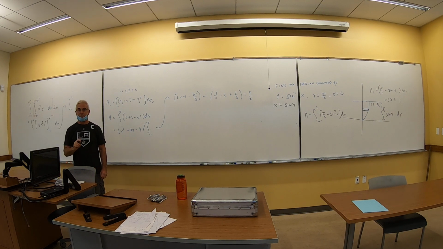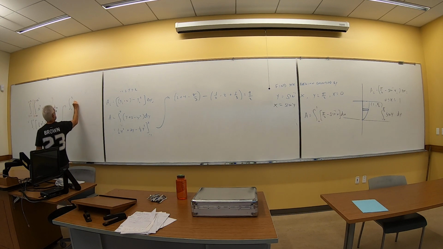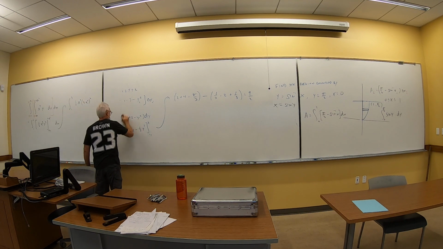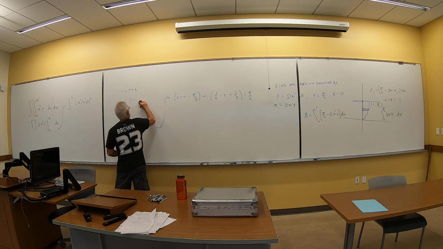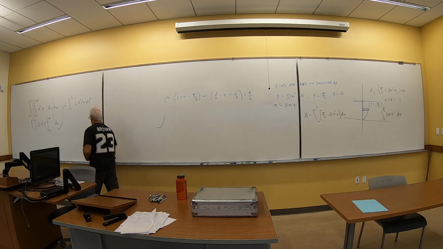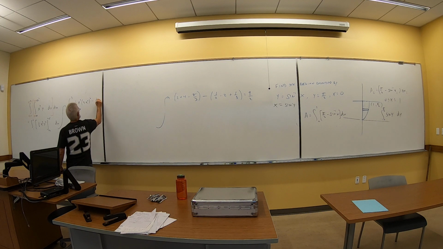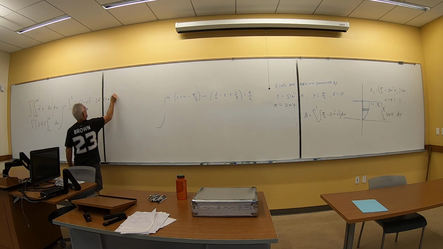Okay, very important we realize those guys get plugged into the y. So now I'm going to have 1/2 x squared times 4x squared squared minus 1/2 x squared times 2x quantity squared.